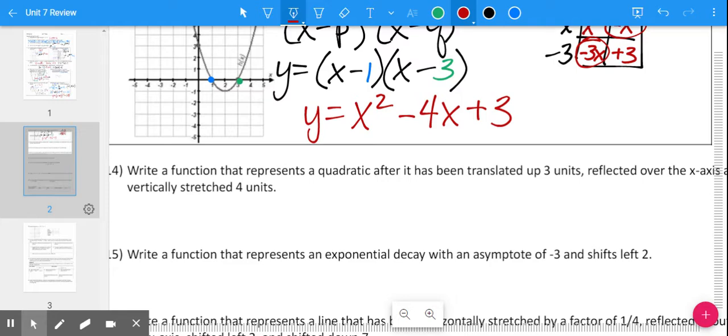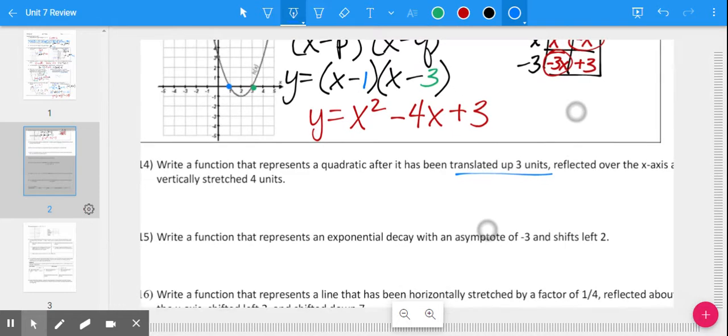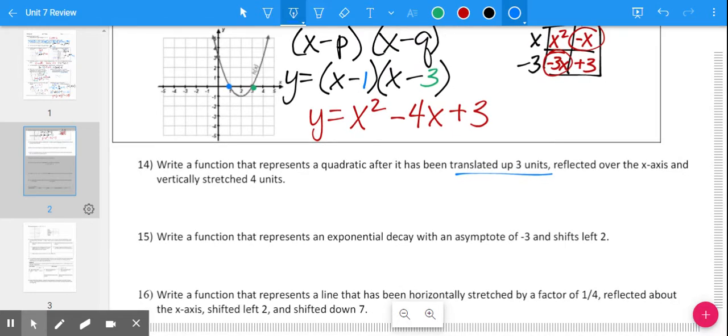So this says write the function of a graph, write a function that represents a quadratic after it's been translated up 3 units. So there's your k value, and reflected over the x-axis and vertically stretched 4 units. So because it's a quadratic, we know we're going to have an exponent of 2. Reflected over the x-axis means it's negative. The a value is negative, and vertically stretched 4 units.